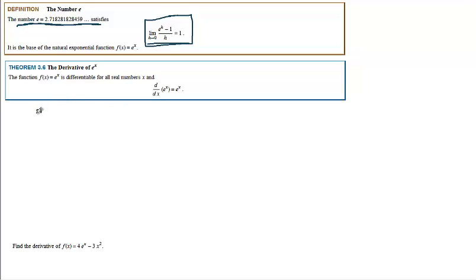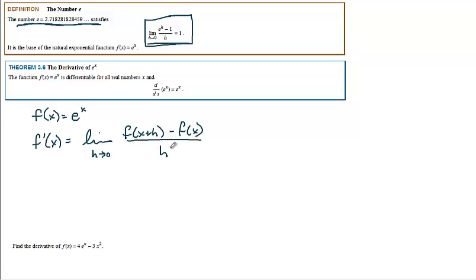So if I look at f of x equal to, let's say, e to the x, and I want to find f prime of x, the derivative of e to the x, I'm going to use this definition: the limit as h goes to 0 of f of x plus h minus f of x all over h, and I'm going to do my substitution.